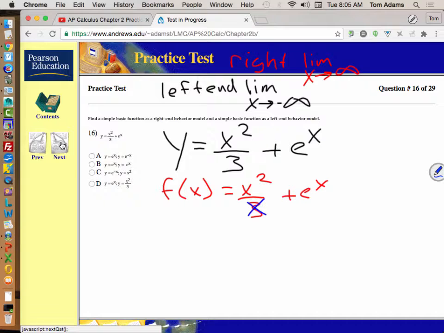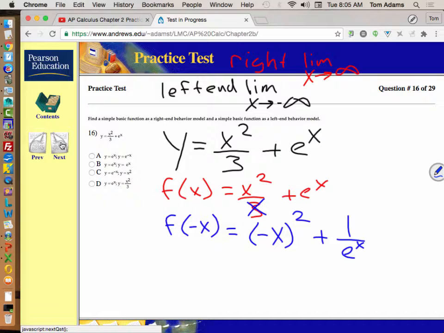Now, let's think about this. If I plug in a negative x value, then I'm going to get a negative x value here that's squared plus e to the negative x. Now, what is e to the negative x really? It's really 1 over e to the x. So now if I get a really, really large negative number, it's the same as 1 over a really large number. Does that make sense?